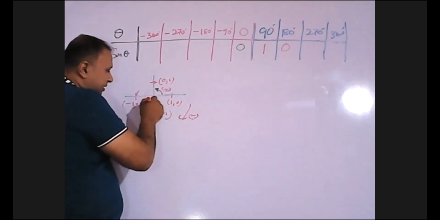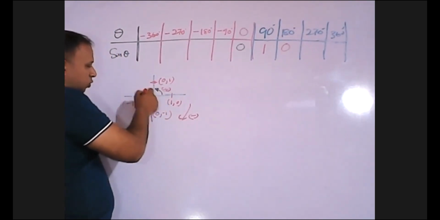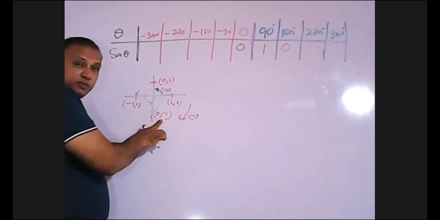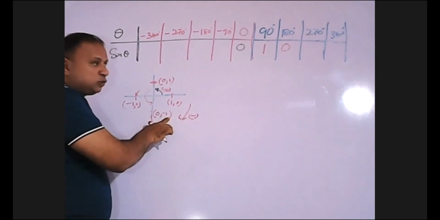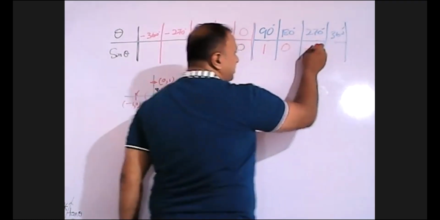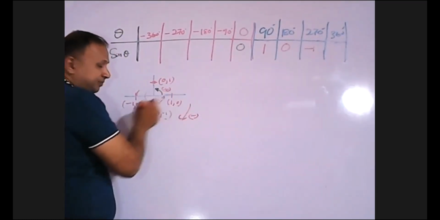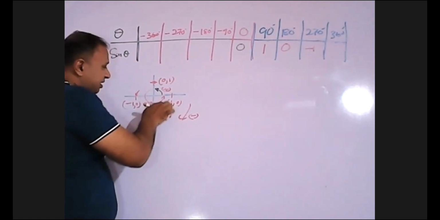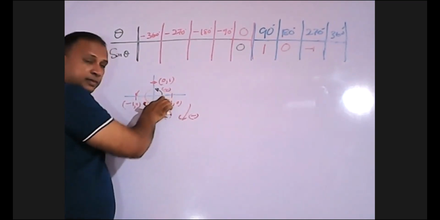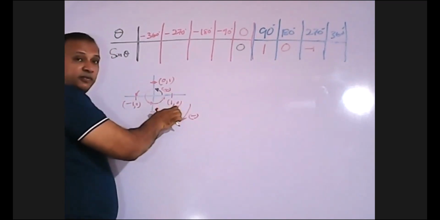Then plus 270 belongs to this point, so it is equal to minus 1. Plus 360 belongs to this point, and the y coordinate of this point is 0.